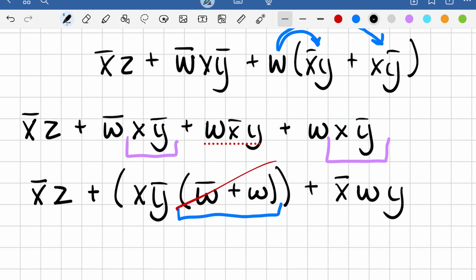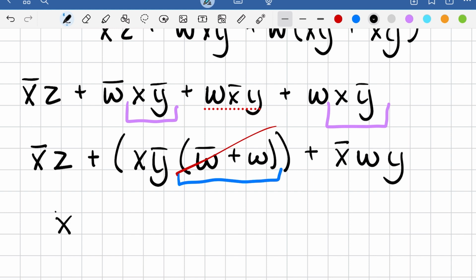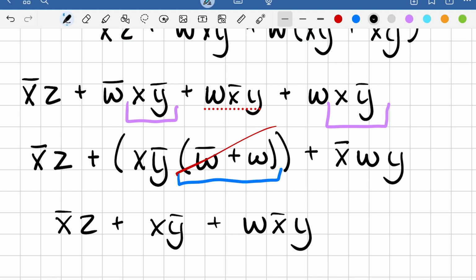And we get our answer of x prime and z, or x and y prime, or w, or x prime, or y. And then we look, do any share anything in common that would really do anything?